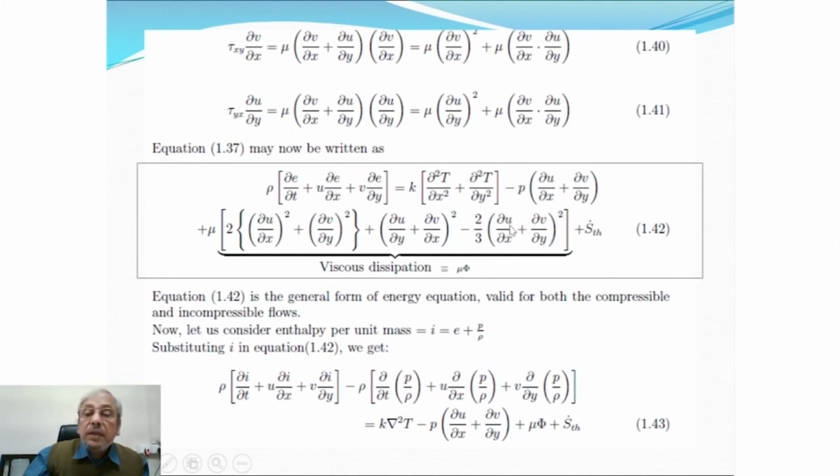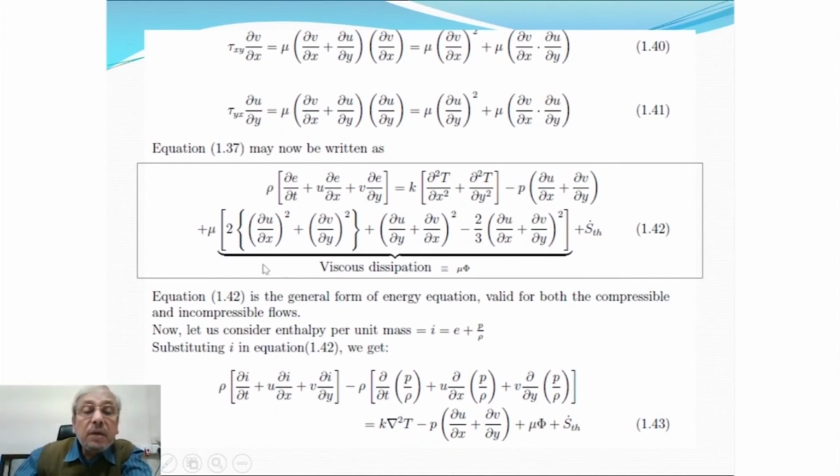Now this is del u del x plus del v del y. Del u del x plus del v del y, if we set equal to 0, that will be the simplification for the incompressible flows. But as I said, we have remained general so far, not invoking the condition for incompressibility.